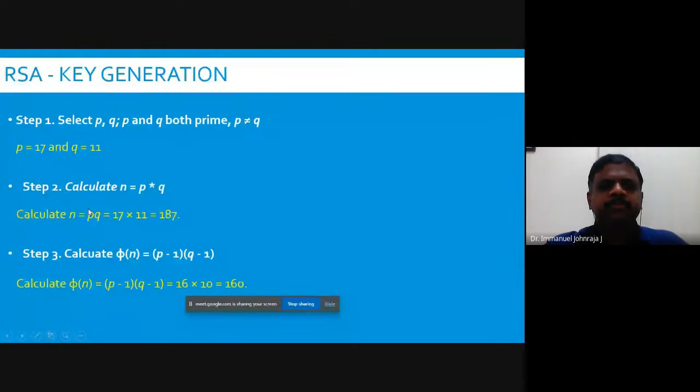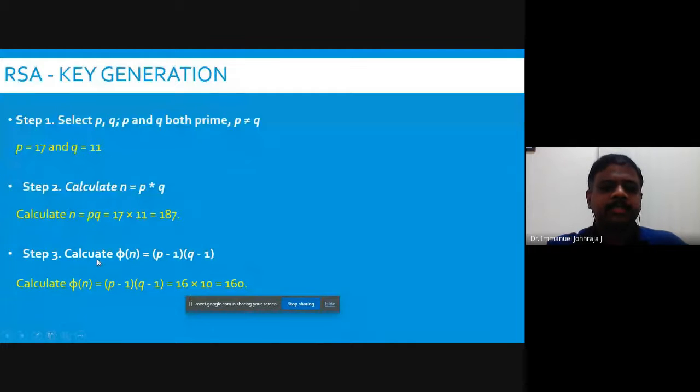Step 2: we have to calculate the value of n by multiplying P and Q. Is n going to be a prime number or not? It cannot be prime because it has at least two factors, 17 and 11. So you get 187 as the value of n.